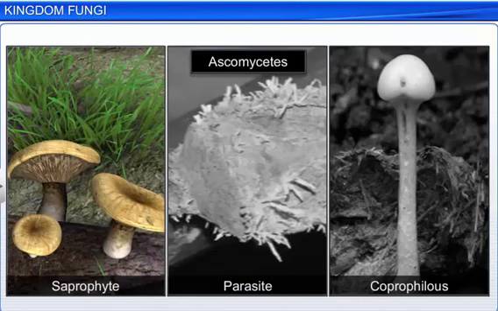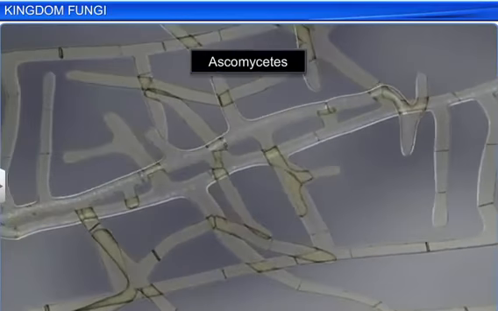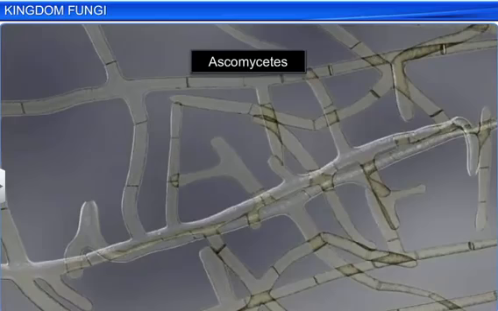They are saprophytic, decomposers, parasitic, or coprophilous. That is, they grow on dung. Ascomycetes have branched and septate mycelium.